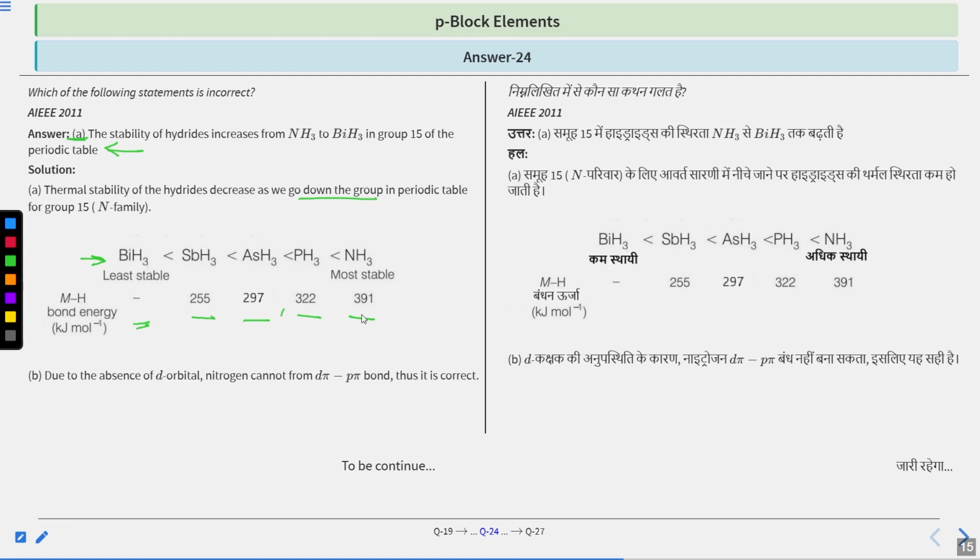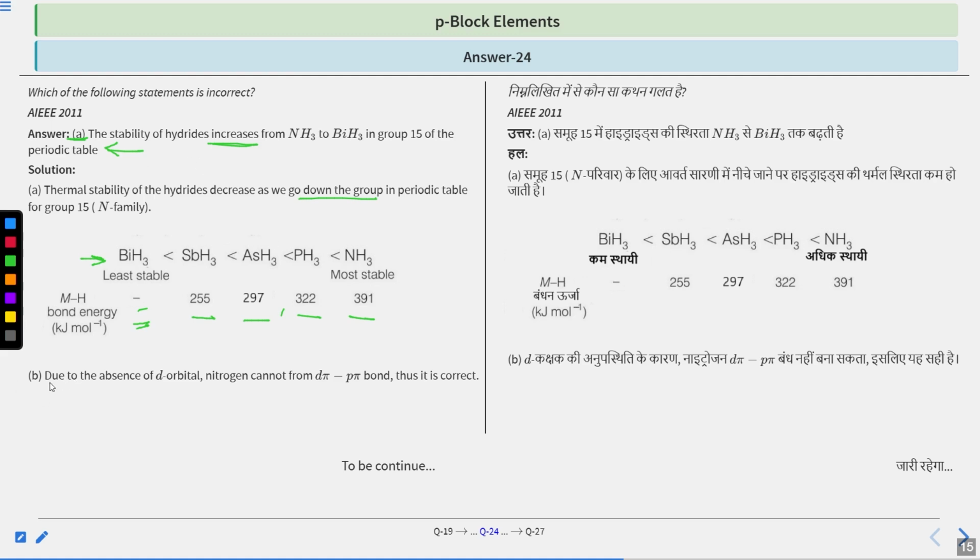So you can see that we need less and less energy to break the bond, as the bond energy gets lesser and lesser as we go down the group. That's why the stability is decreasing down the group, and thus option A cannot be the correct option. The option mentions that the stability of hydrides increases, but it is actually decreasing. That's why it is an incorrect statement.